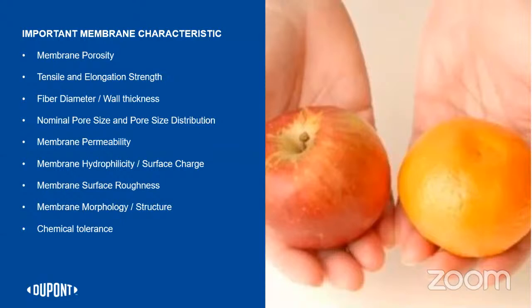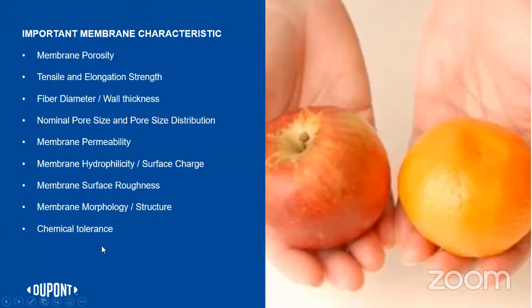For instance, there is organic fouling, and in the case of organic fouling, you need to reach a pH of almost more than 12. The chemical tolerance of the membrane has to extend to this level for you to enable this cleaning. And similarly, if you have to go to inorganic cleaning, you need to go to a pH less than 2, and the membrane has to be tolerant. So this is something that's very critical to ensure that the selected membrane is fit for operation.